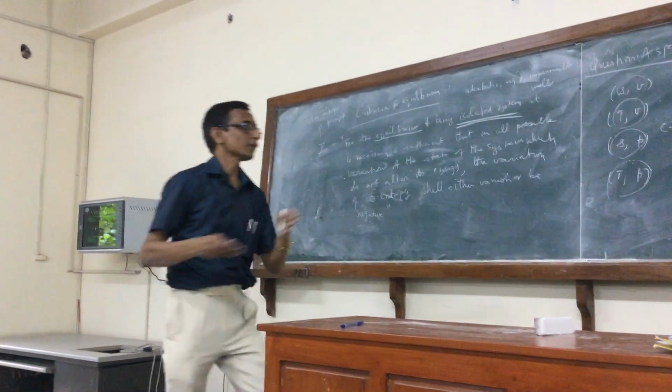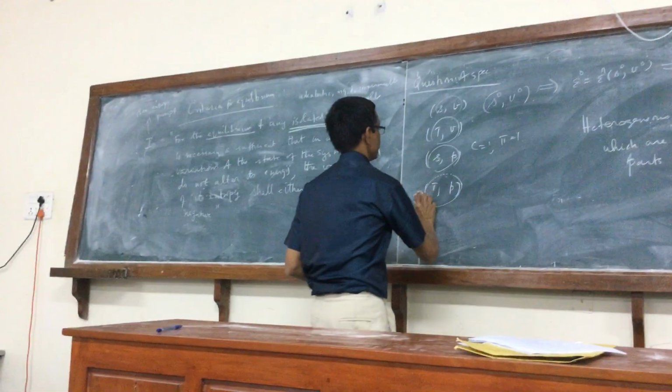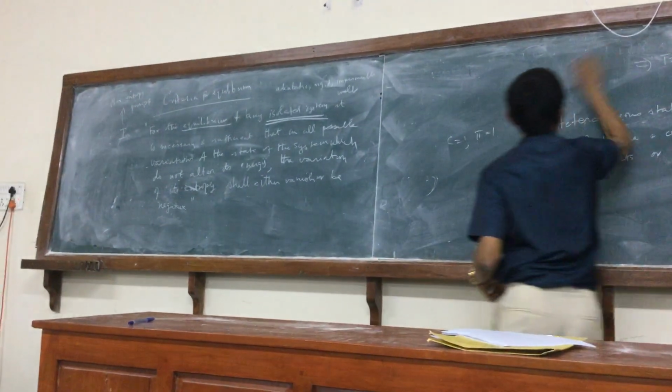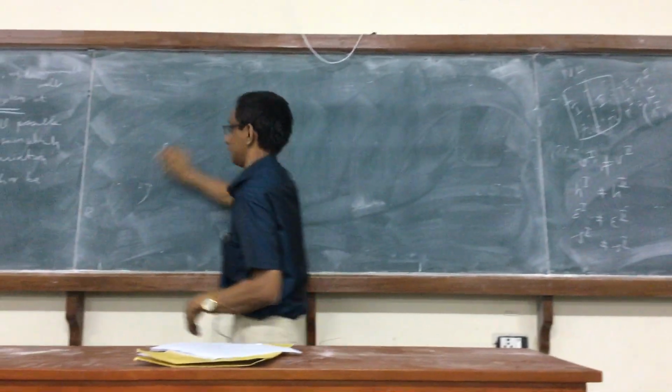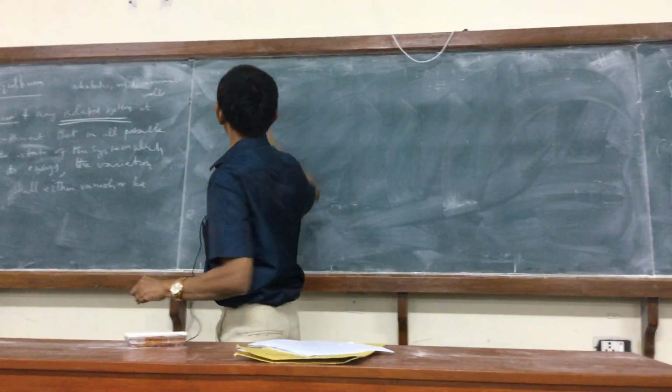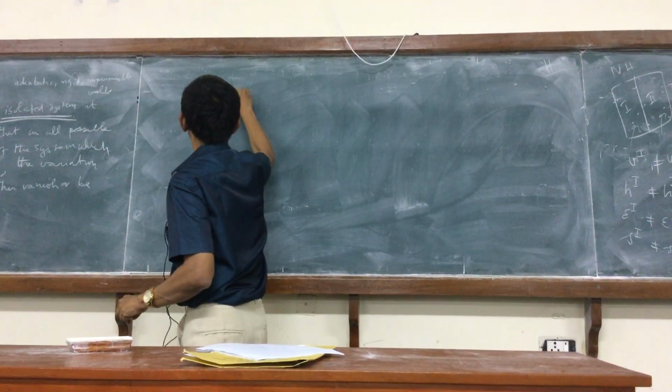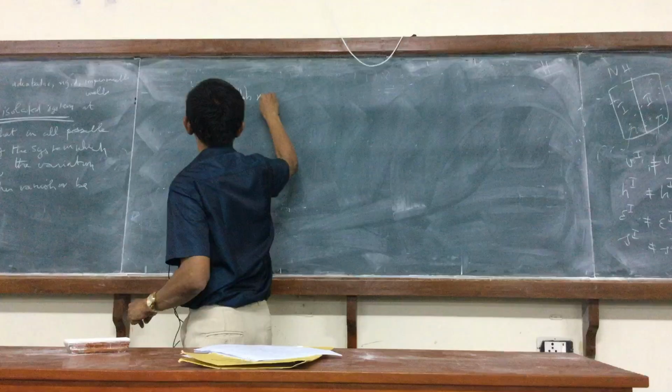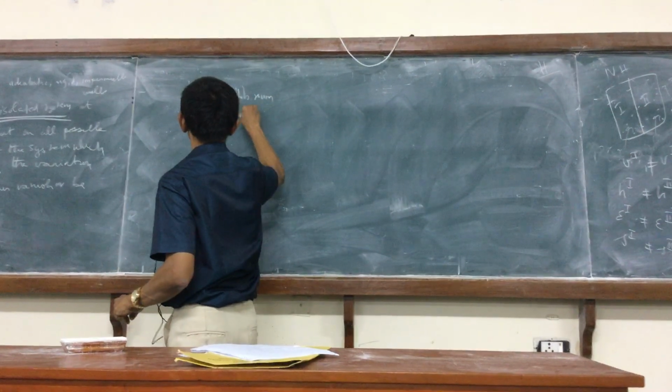So there are two possibilities Gibbs is considering. One is presumably a unique equilibrium state, if it exists. That's the one that we are interested in.